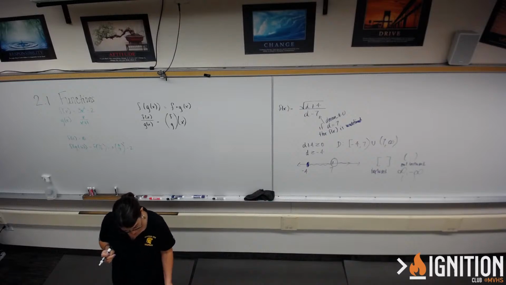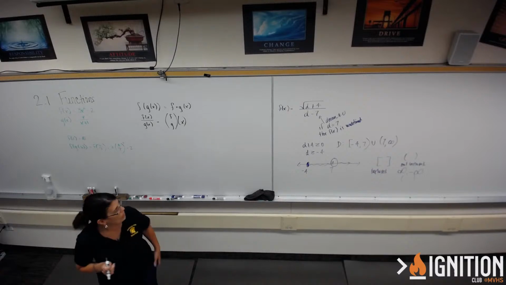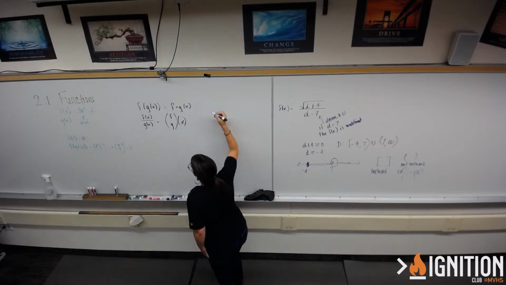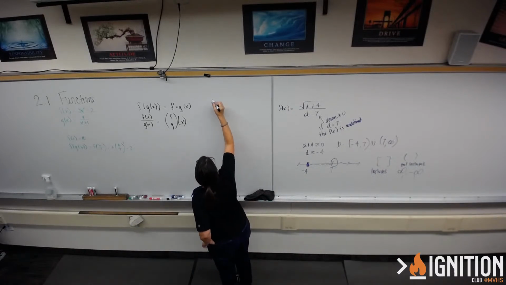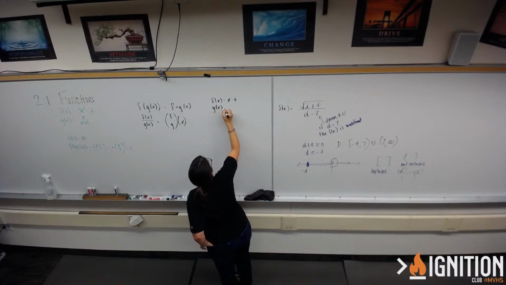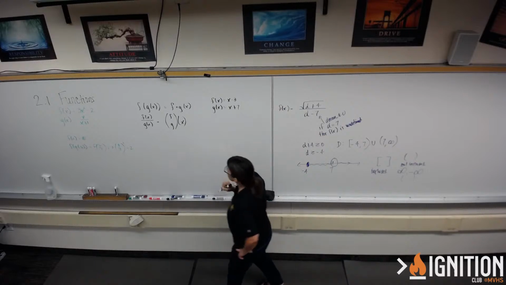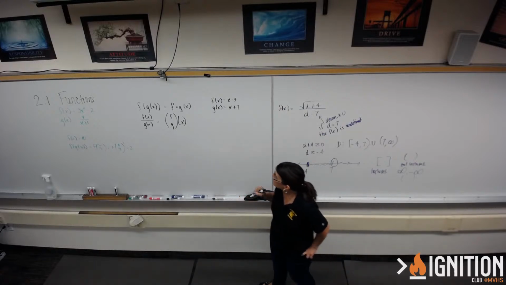So let's do one of these. Let's say that the f of x is x minus 3, and the g of x is, how about x plus 7, something very basic.